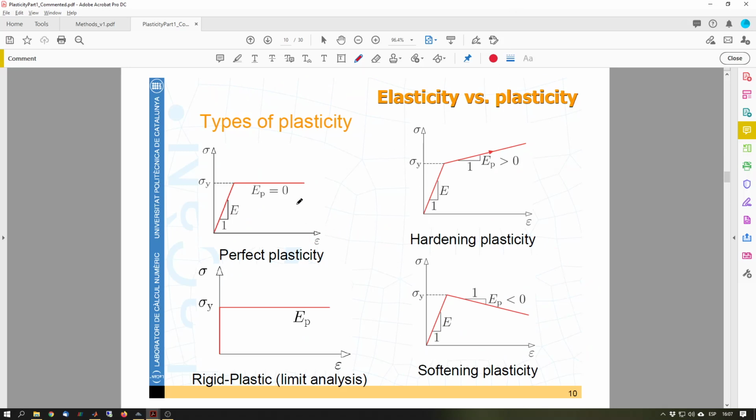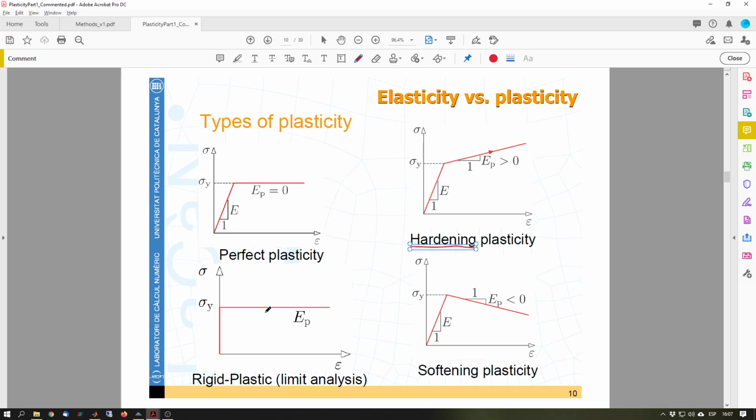This is a perfect plasticity, which means that this slope is flat, so there's a maximum yield stress beyond which the material is unable to resist. So you can keep imposing larger and larger deformations, but the stresses will remain constant. You may have some hardening, meaning that stresses keep increasing but with a different slope. We've seen those regimes as well.